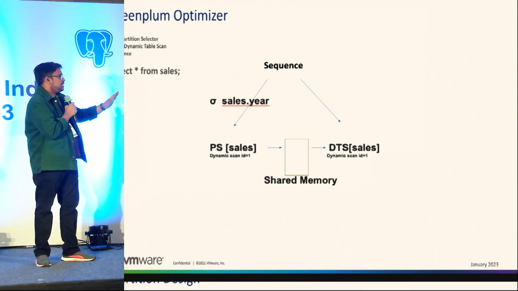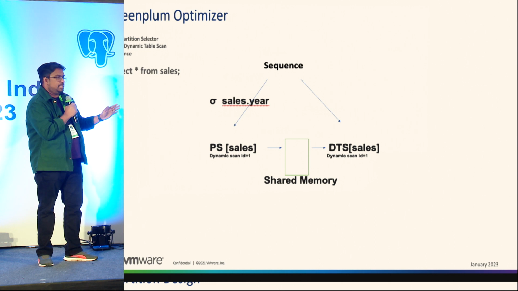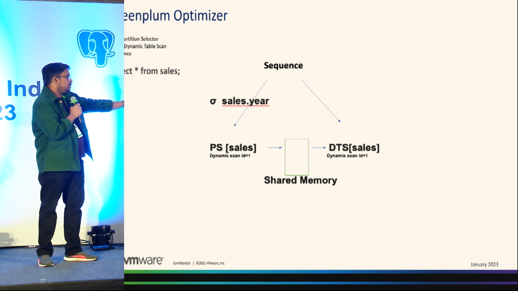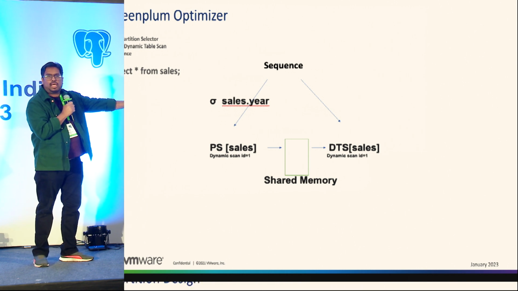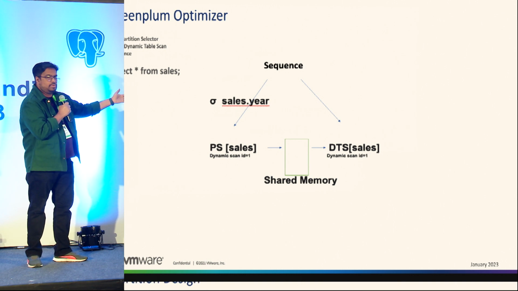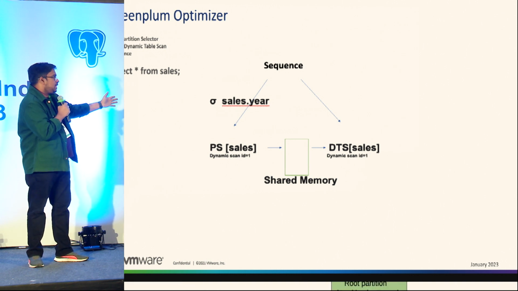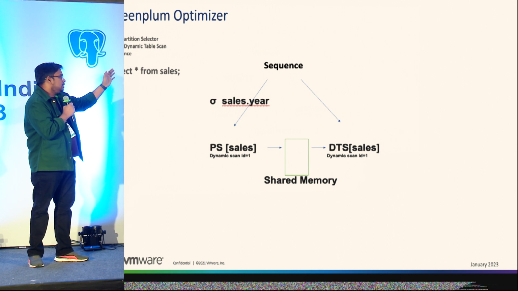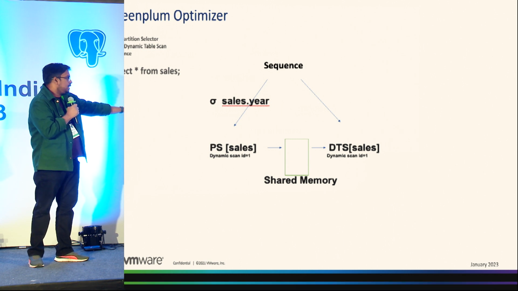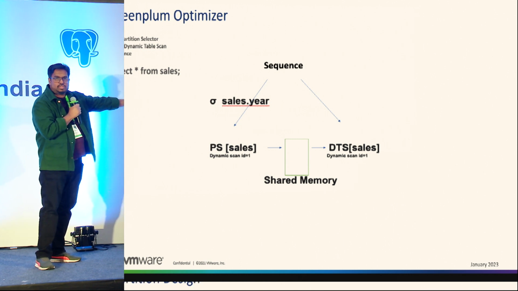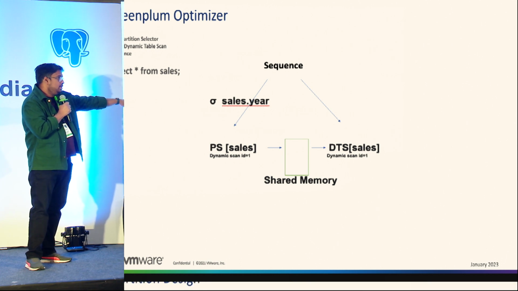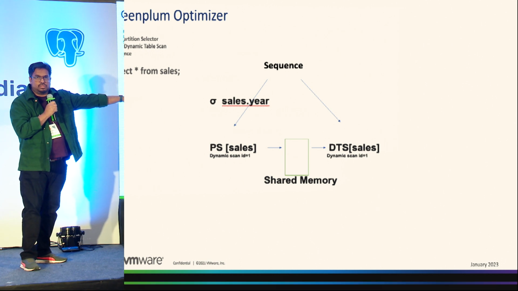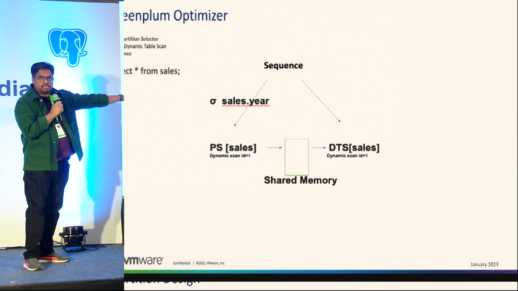A sequence is basically just a child executor. It looks at all the children below it and executes them in a sequential format. So when the partition comes up, the optimizer initiates the partition selector on the sales table, and it also initiates a dynamic table scan on the sales table.